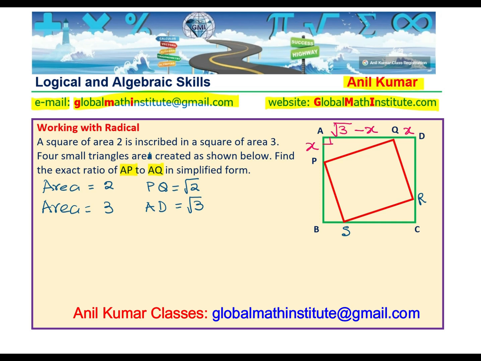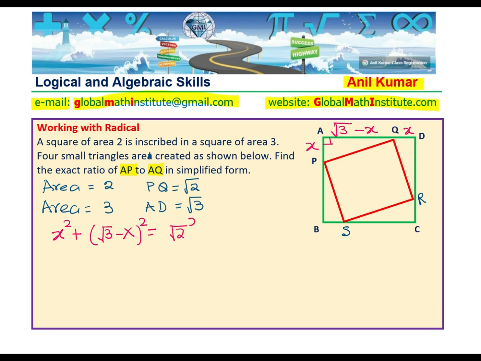So x square plus square root 3 minus x whole square should be equal to the square of square root 2, the inside square length. Perfect. So I hope till now everything is absolutely clear, and that was critical.